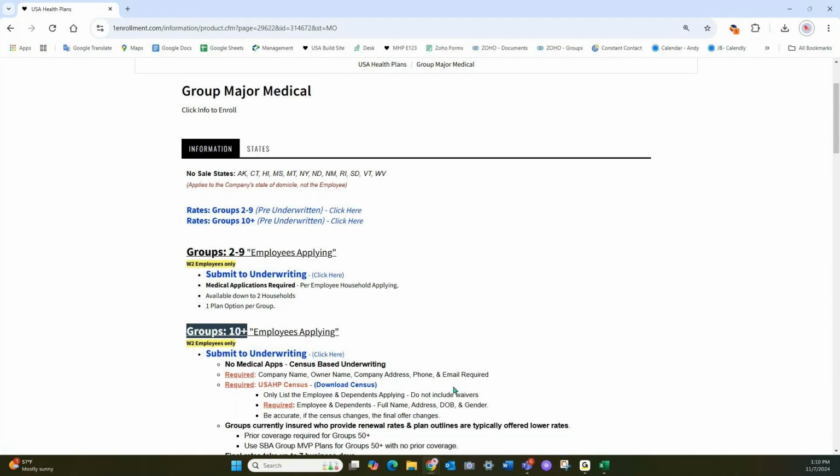Make sense? If there's 11 enrolling, then that's a group of 10 plus. We're looking at the number of employees enrolling, okay? Because all of these plans are built on no participation rates. So the underwritten rate that we're going to produce for you is purely on who's enrolling. So again, this will go down to 2 households.